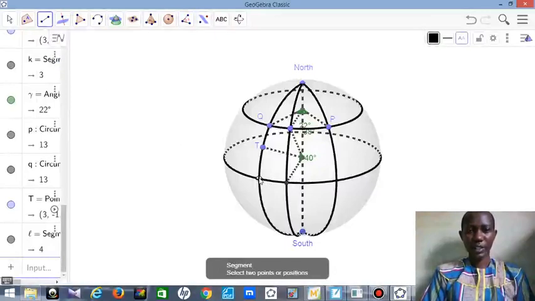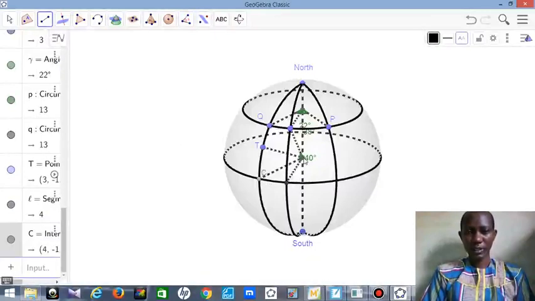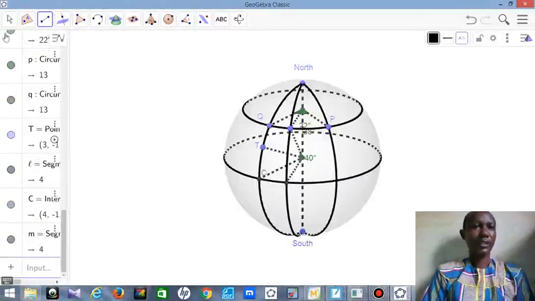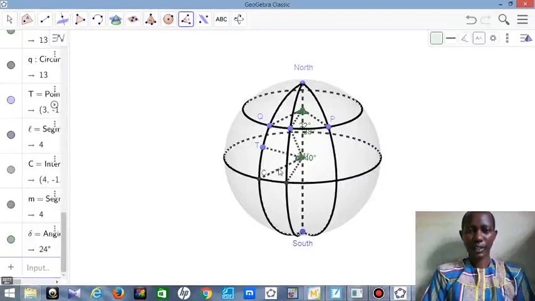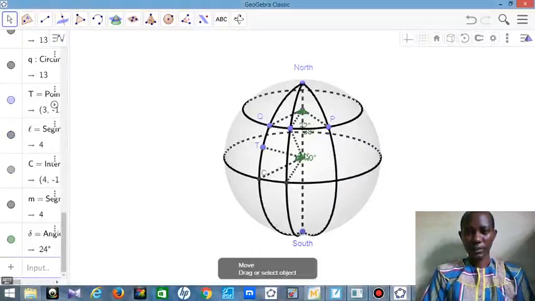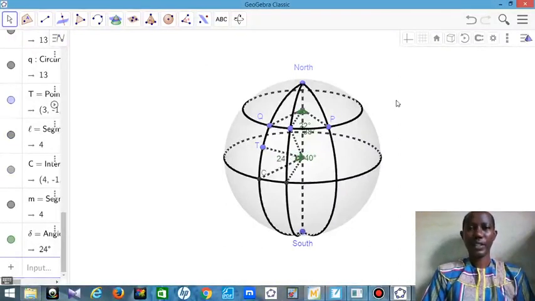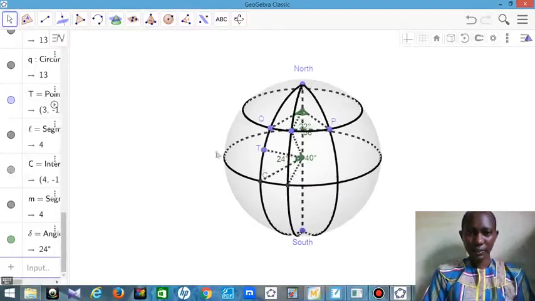I need to join this line to the center. Okay, and I need the angle between T and this line. Let's see it now. I don't need this point, so let me hide this.